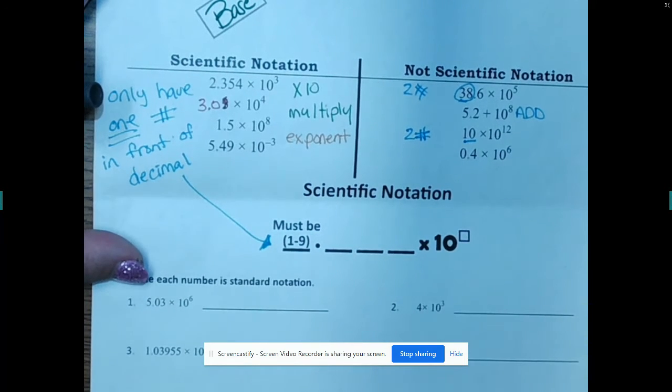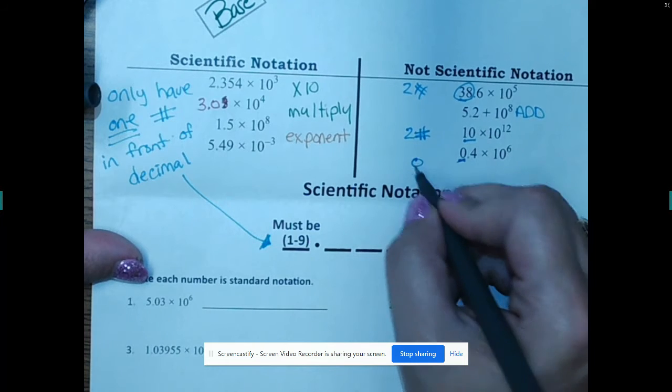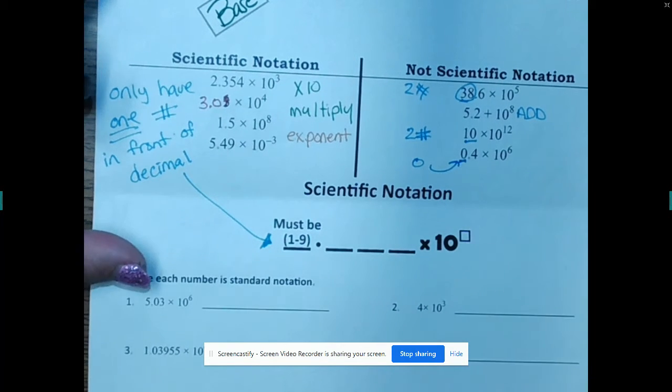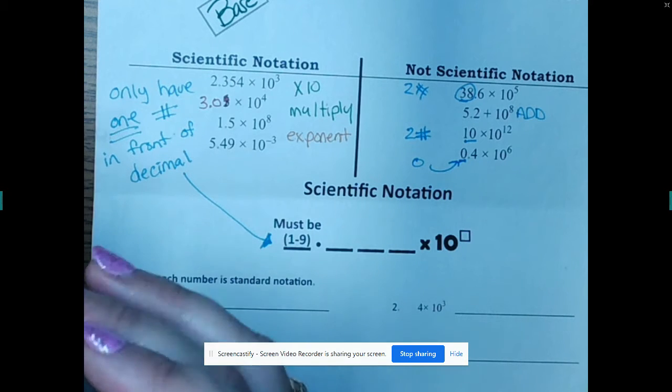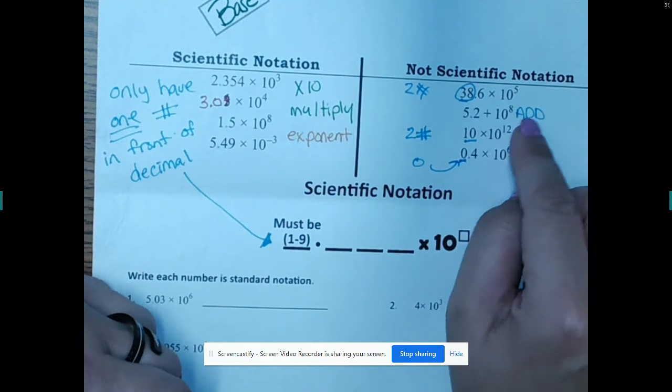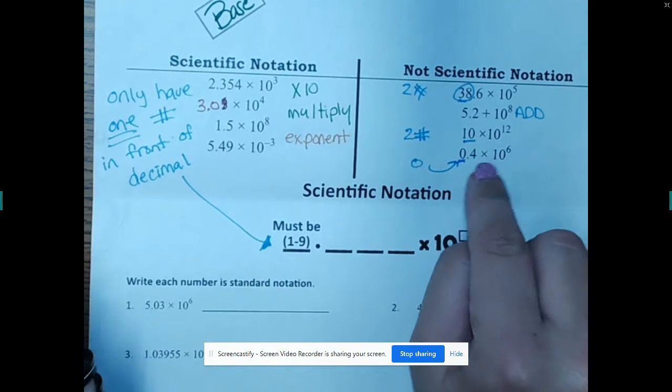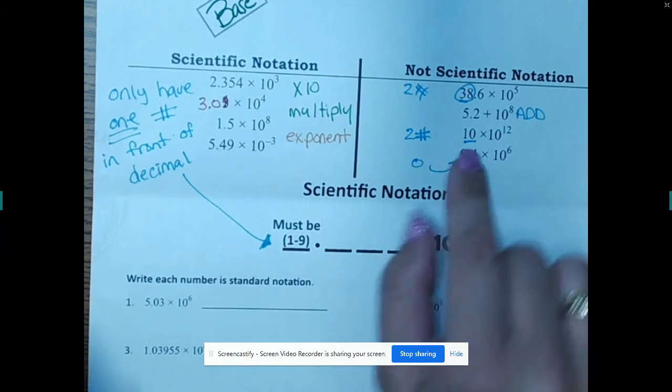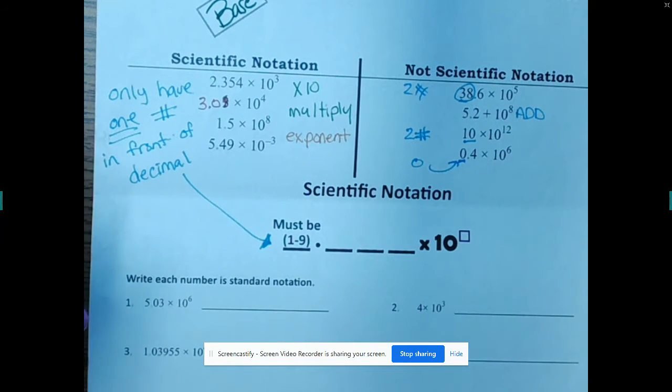What's wrong with the last one? There's a 0 in front of the decimal. You can't have a 0. It has to be between 1 and 9. Okay? So in order for it to be scientific notation, it can't have 2 numbers, it definitely can't be adding, and it can't be a 0. It's got to be between 1 and 9. So that's how you know if you're doing it correctly.